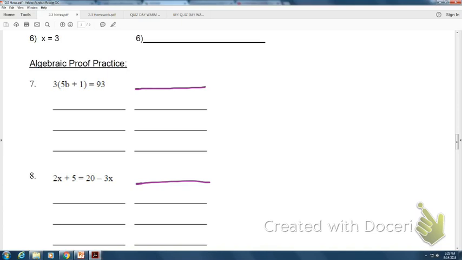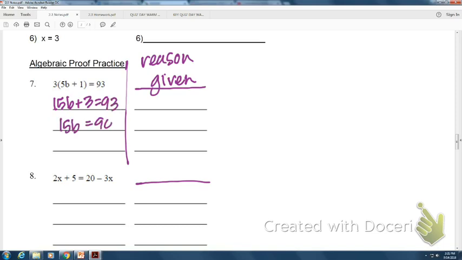All right, here we go. First one. First reason should be what? Given. Okay, then I'm going to go ahead and solve, and then you guys are going to tell me the steps. Okay, what is my second reason? Distributive.